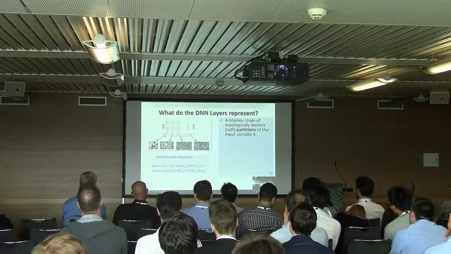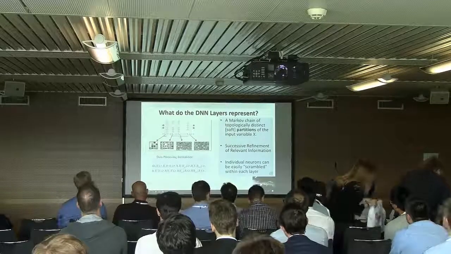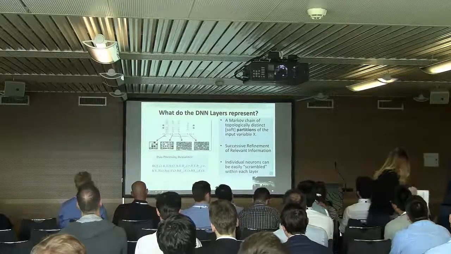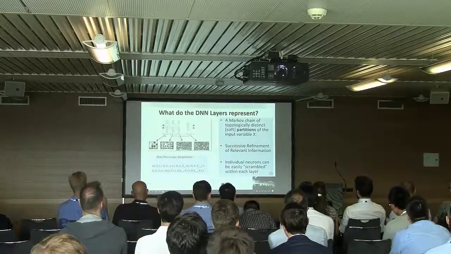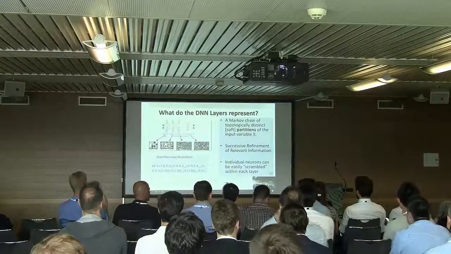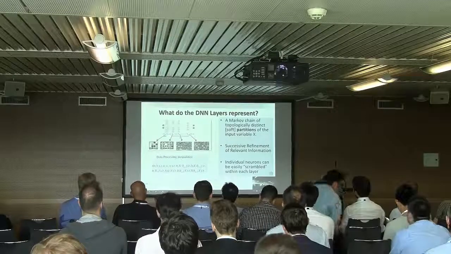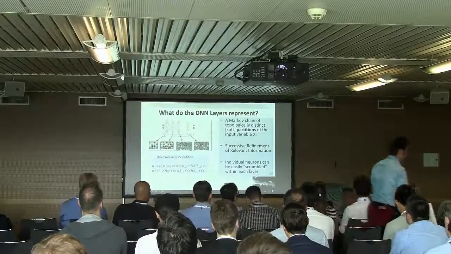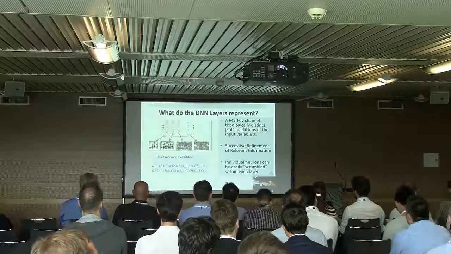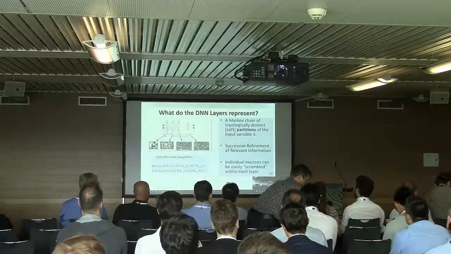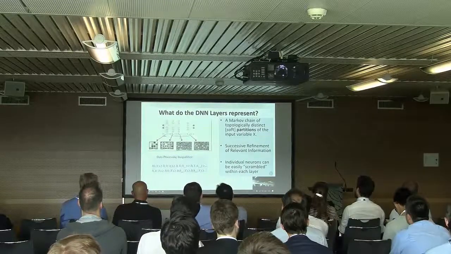And of course we can think about each one of the layers as inducing some sort of partition of the variable x, and this partition only gets coarser as I move through the layers. This coarsening is sometimes referred to as successive refinement or successive coarsening of the relevant information. Now, as I said, individual neurons can be easily scrambled, because any one-to-one function between two layers can scramble the layers totally without changing information.